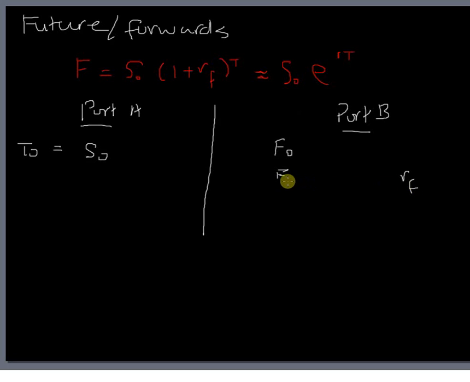And how much do you deposit? You can deposit F0 over 1 plus the risk-free rate. Okay, so you deposit this amount into a bank and it earns you the risk-free rate.